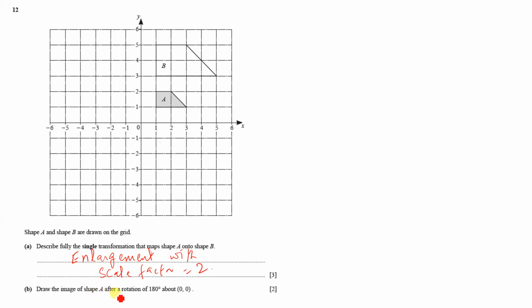And draw the image of shape A after a rotation of 180 degrees about the origin (0, 0). So if we rotate this pointwise, if we rotate this point 180 degrees, this will come here, that is (-1, -1), and this point will be transformed after 180 degree rotation as (-1, -2).